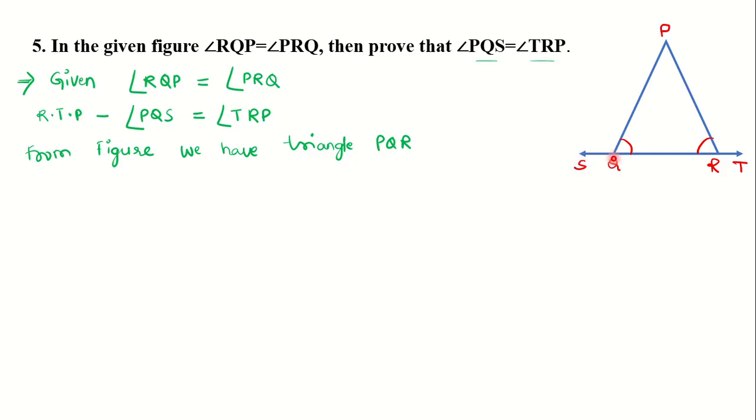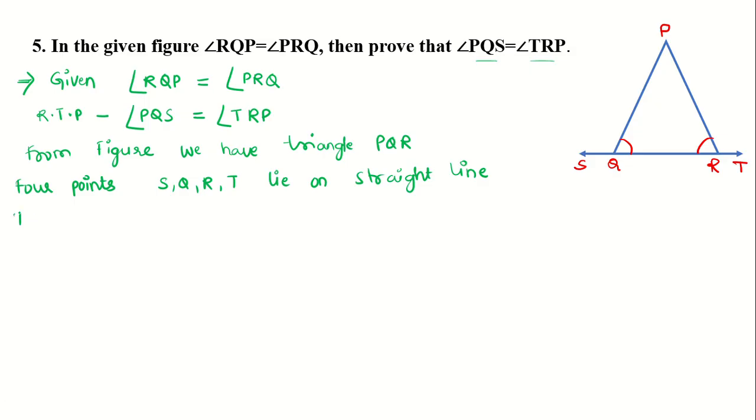The points are S, Q, R, T, and all these lie on a straight line. We have a triangle and 4 points named S, Q, R, T lying on a straight line.